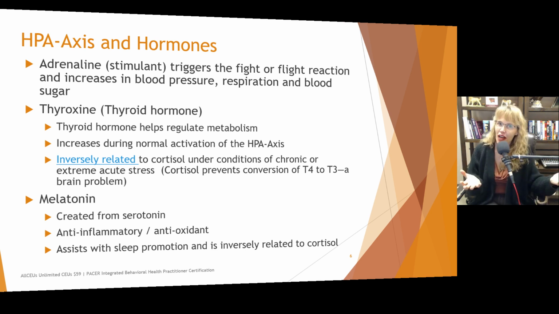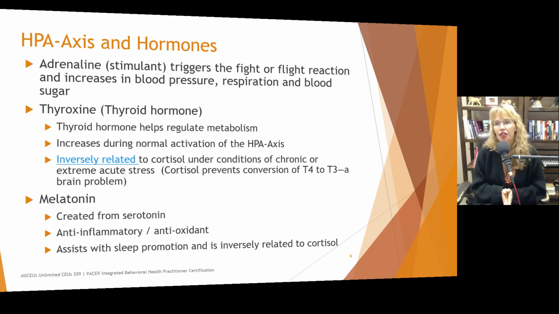If they go to their doctor and they get medication for their thyroid, okay, that's one way to increase it, but that's not going to help the brain problem there. Ultimately, we need to help the person reduce their cortisol levels so their body can effectively convert T4 to T3.